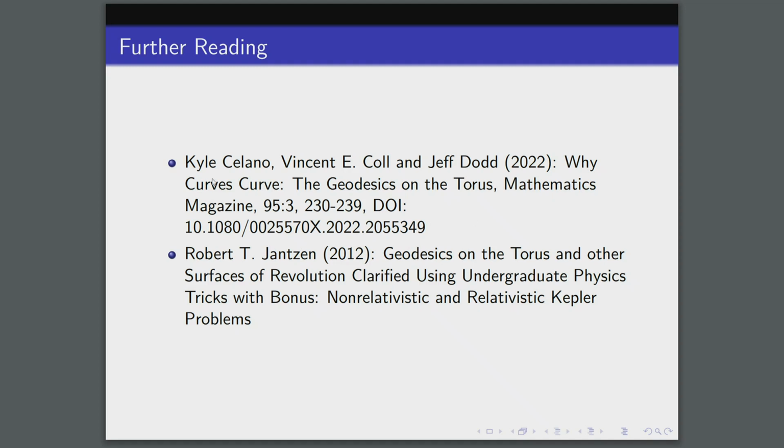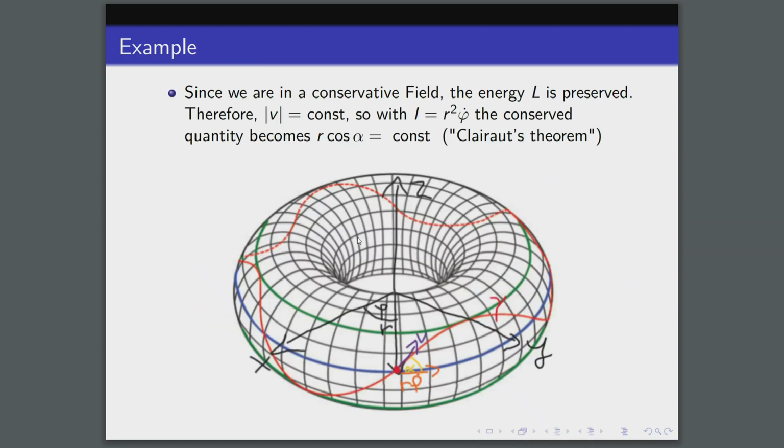And basically, this discusses the geodesics, the curves of minimal length that I was talking about here, but just from an analysis point of view. And it's really nice because they get out a characterization for the different forms that a geodesic, or the curve of a point mass on the torus, can take.